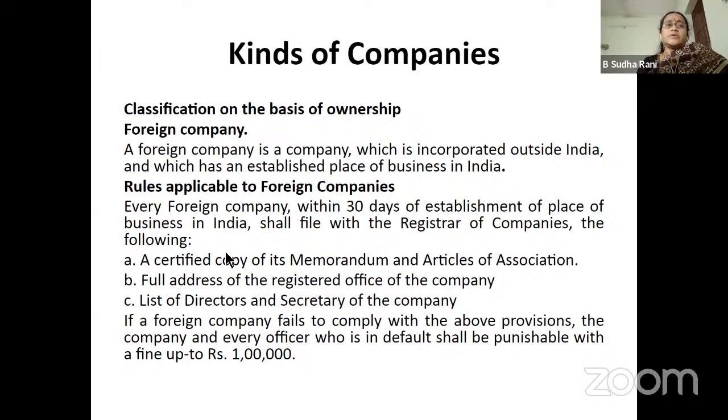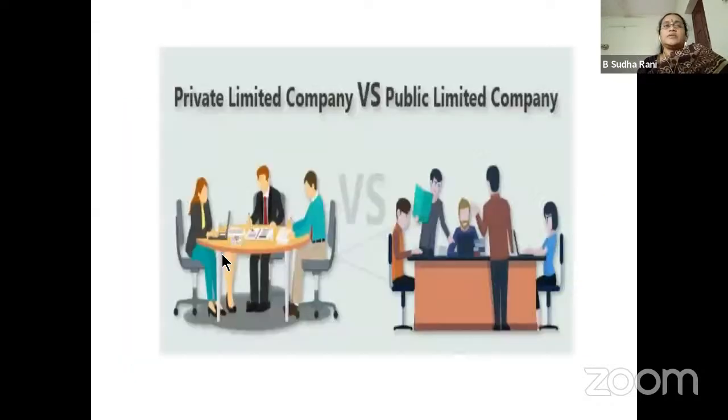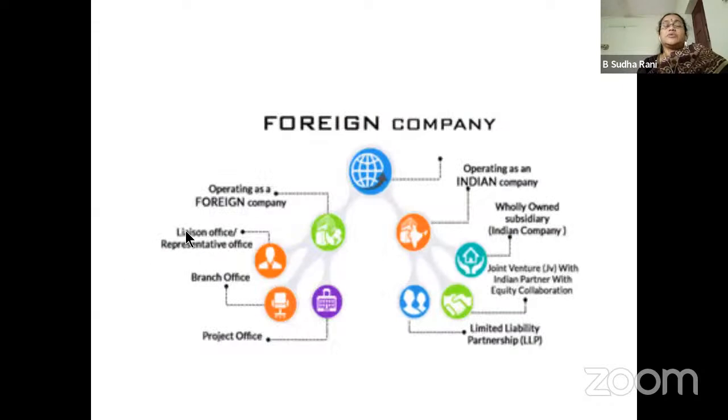So all these details they are supposed to provide and get a recognition from the company. A foreign company is recognized outside India, but established within India. We call them foreign companies. They have to follow various operations.